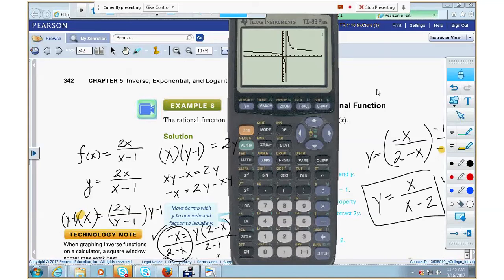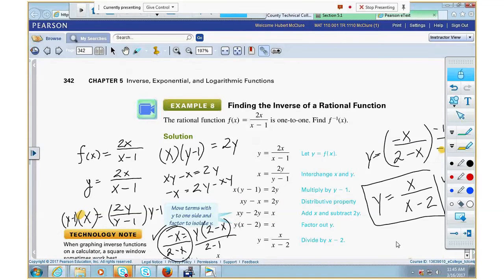It's symmetrical around, hold on, what is that? Y is equal to 2? Oh, I'm sorry, x is equal to 2. Somewhere around here where the arrow is, it looks like it's symmetrical. I don't think they're going to ask that.